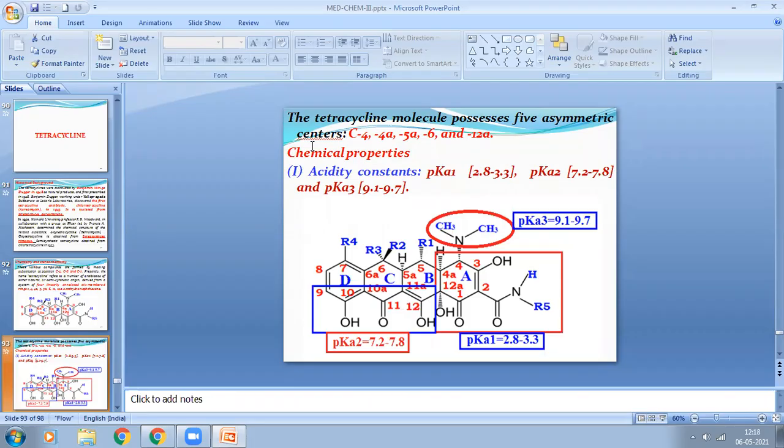The tetracyclines are congeneric derivatives of the polycyclic naphthacene carboxamide. Basically the basic ring of the tetracycline is called polycyclic naphthacene carboxamide.